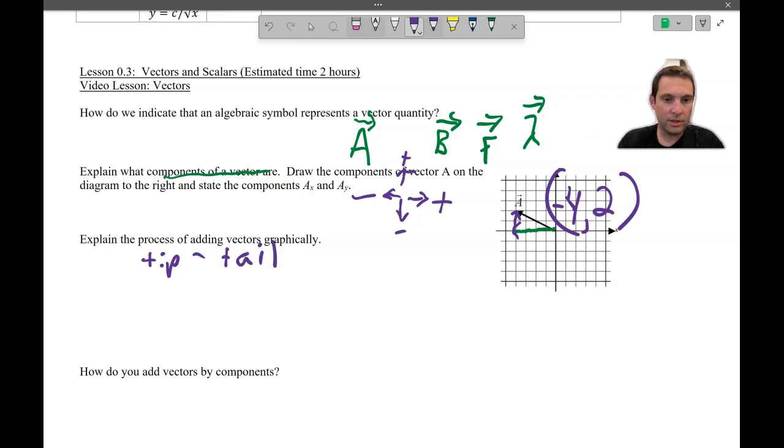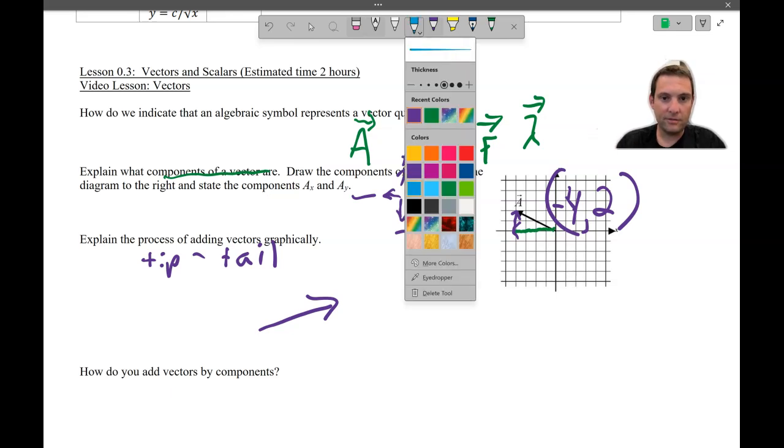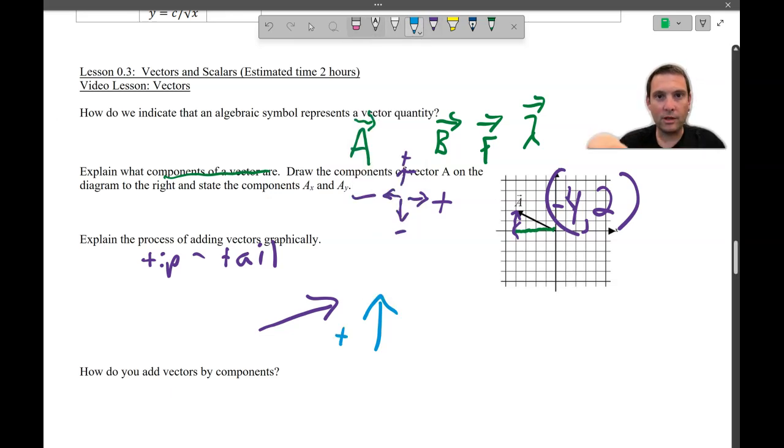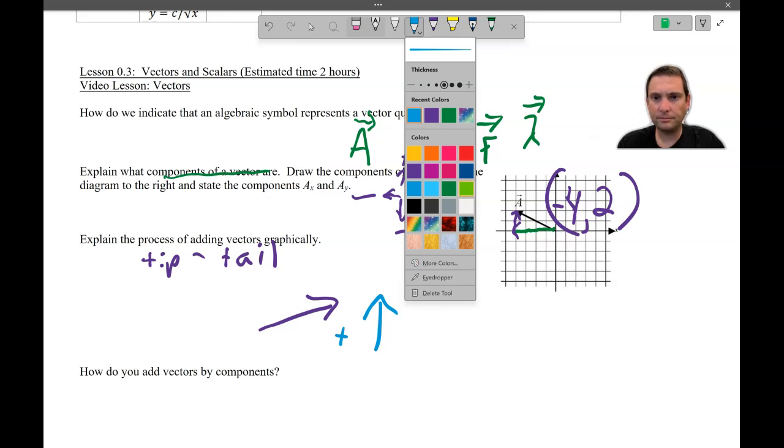We're going to have vector A, and then we'll have vector B. And let's say we want to add them together, and we're going to end up with a green vector.